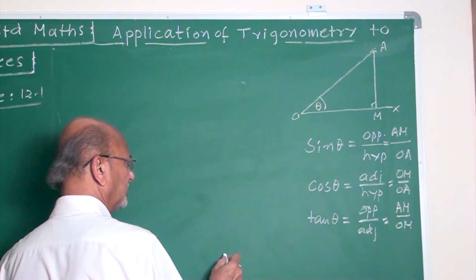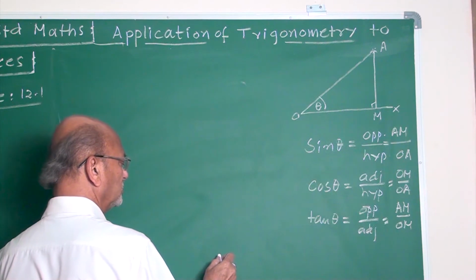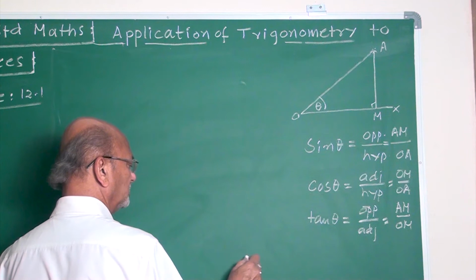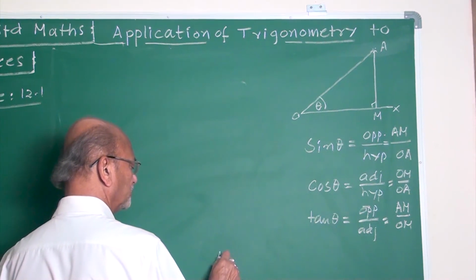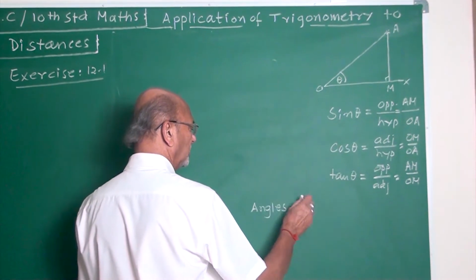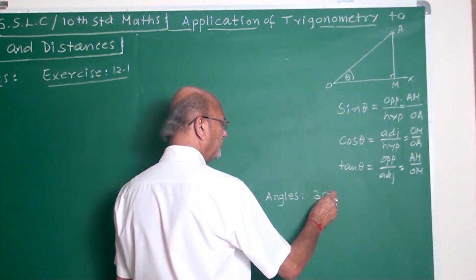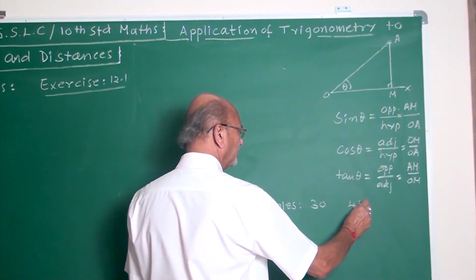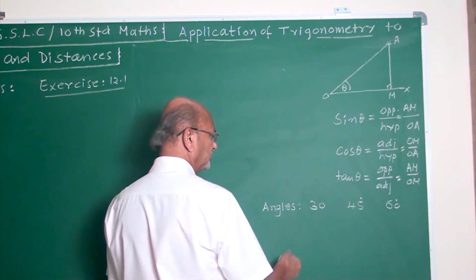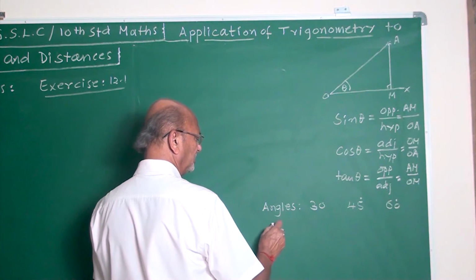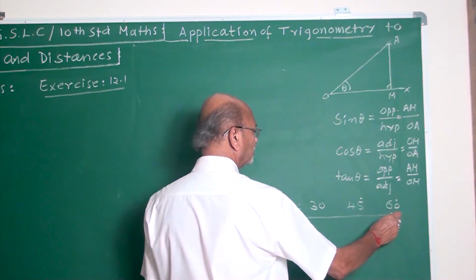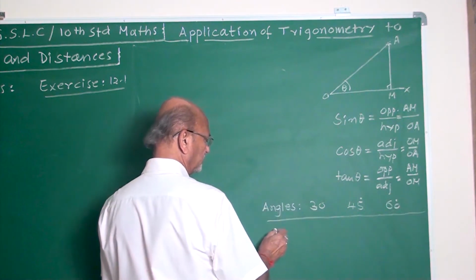When all these are there means you wanted what? The angles. Yes, these are T ratios and angles. Angles come with normally these three: 30 degrees, 45 degrees, 60 degrees. Then T ratios, my friends.